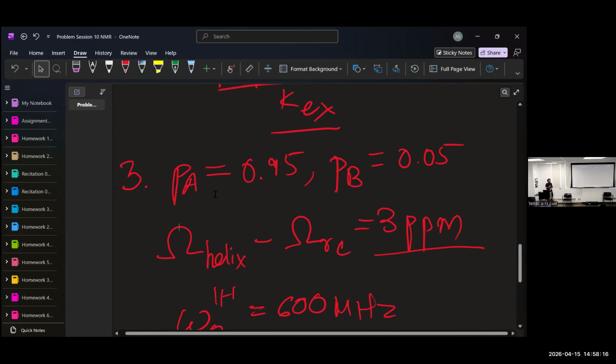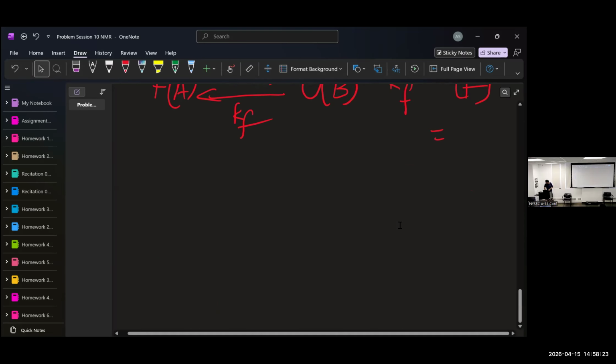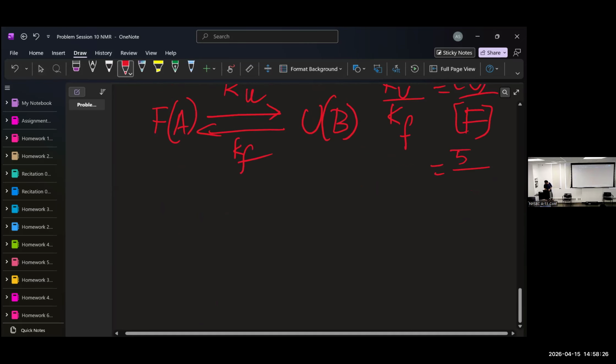So this is just 5 over 95, right? Makes sense? I did 0.05 divided by 0.95. 5 over 95.